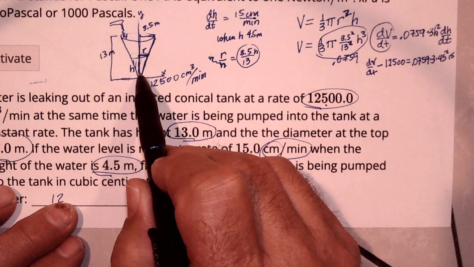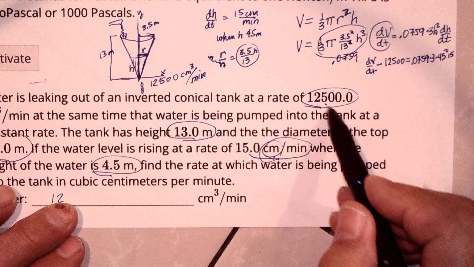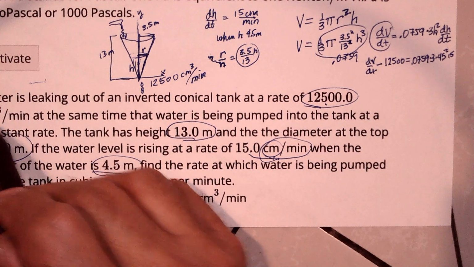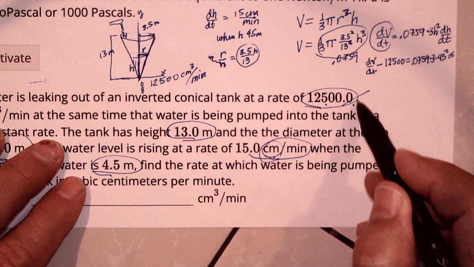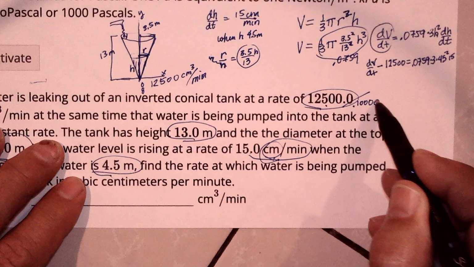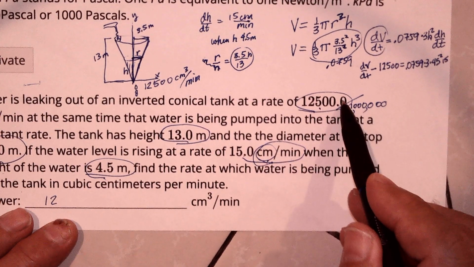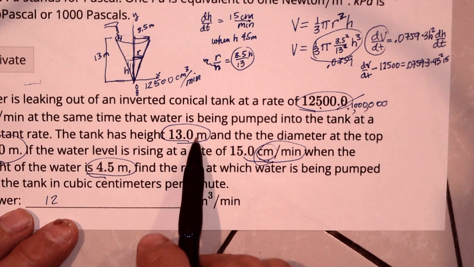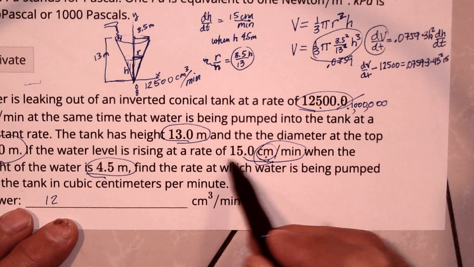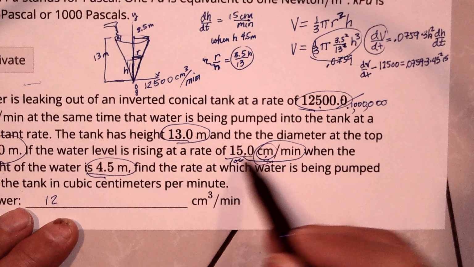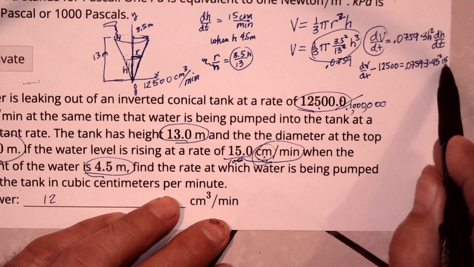There's 100 centimeters across, 100 centimeters back, 100 centimeters. That's a million. It takes a million of these to make 1 cubic meter, so I have to divide this by 1 million to get that unit right. That would be in meters cubed. And then all these other ones are fine except this one, centimeters. I need to divide it by 100 because there's 100 centimeters in a meter. So this 15 should have been something different here.